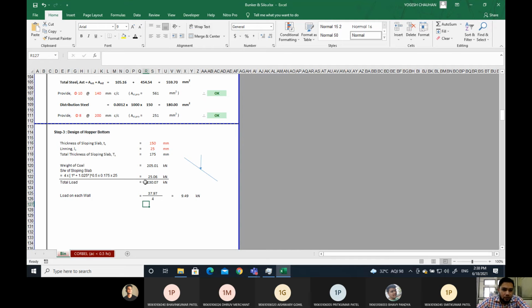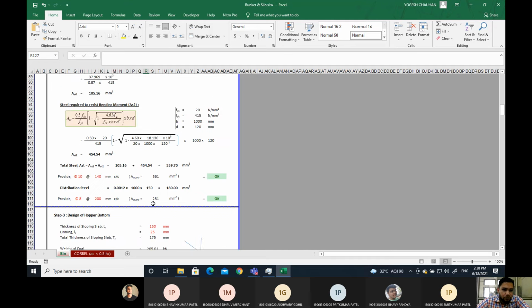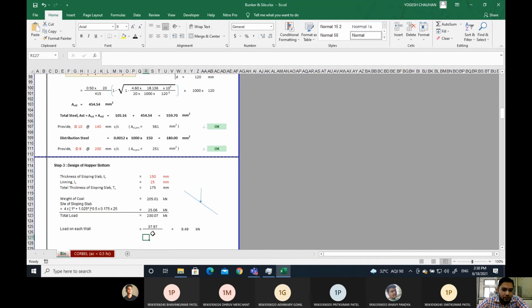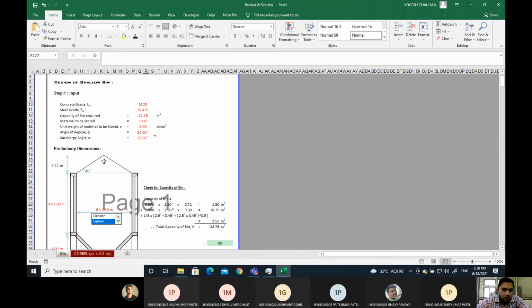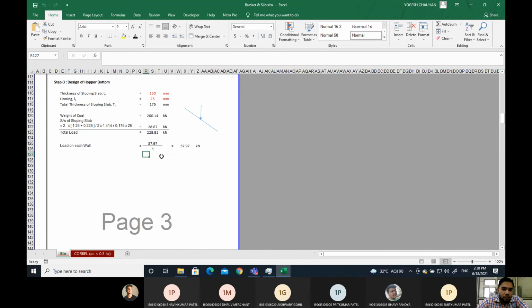Why so? Because if it is pyramidal, then this value will be 4 because there will be 4 sides. But if it is conical, then it will be 1 only, and the total load will be the entire load.